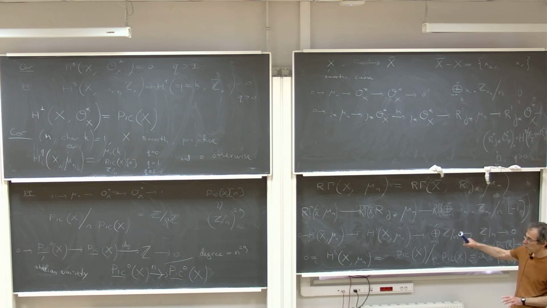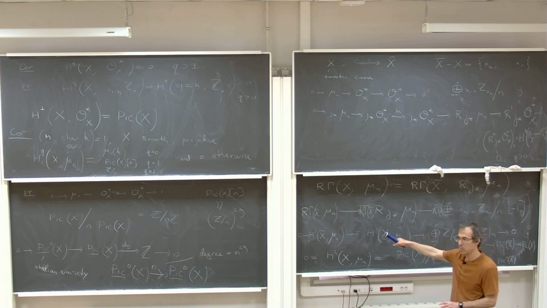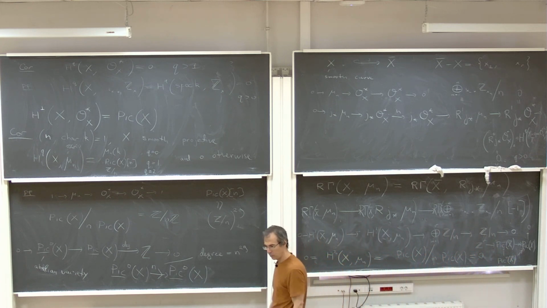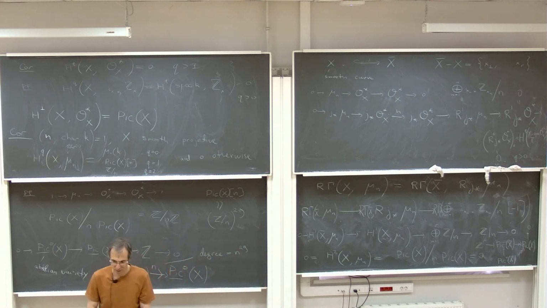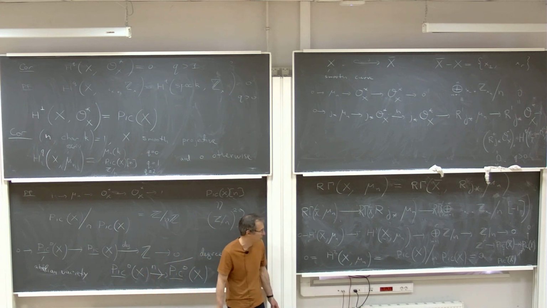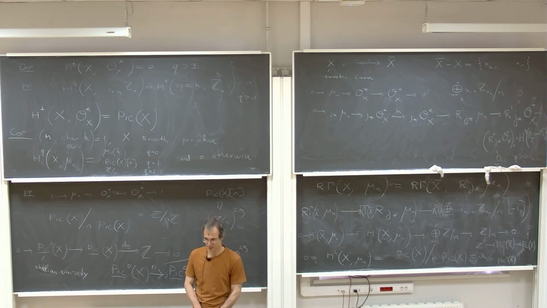I don't know how you can rederive this computation for Spec Z, or for Spec Z with several primes removed, using this technique. I don't think that it's possible. But for curves over a finite field you can do this, and you can rederive all class field theory statements using that notion.